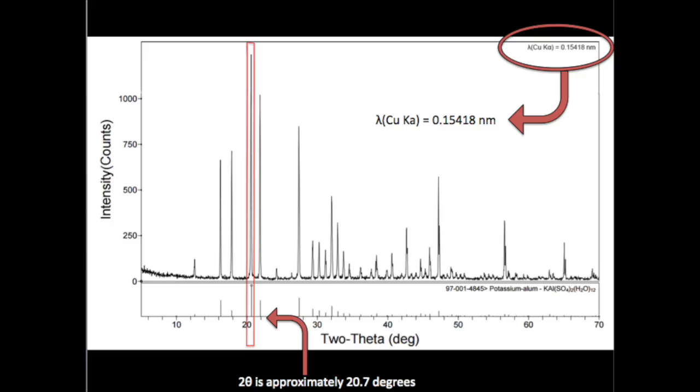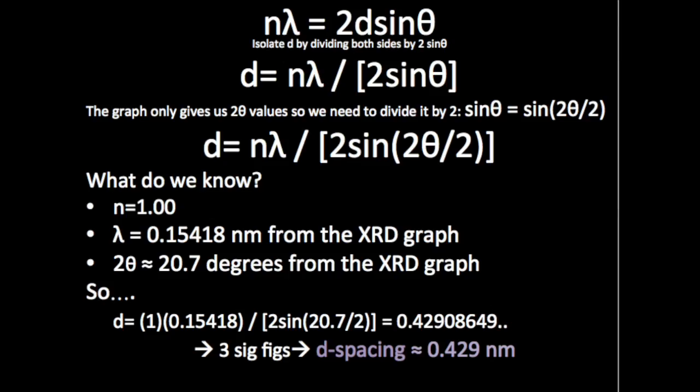Here's how we can calculate a d-spacing of a crystal. From the graph, we know the lambda value to be 0.15418 nanometers. We also know the 2 theta values for all the peaks. Focusing on the highest peak, we can see that the 2 theta equals approximately 20.7 degrees. This leaves d as the only variable left in Bragg's law equation.